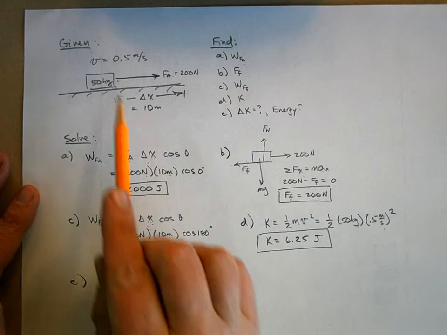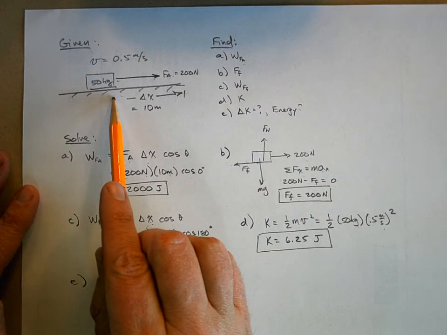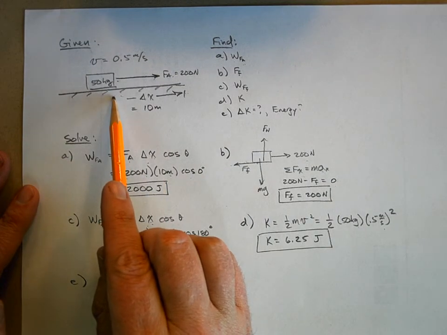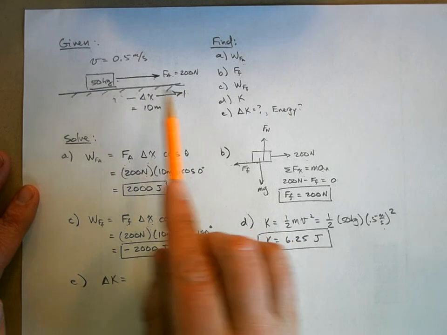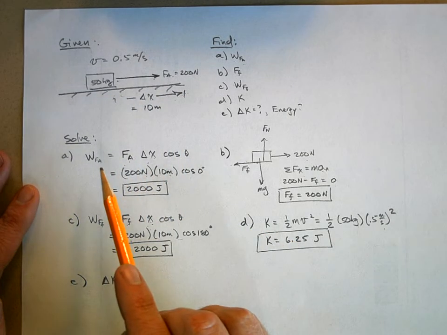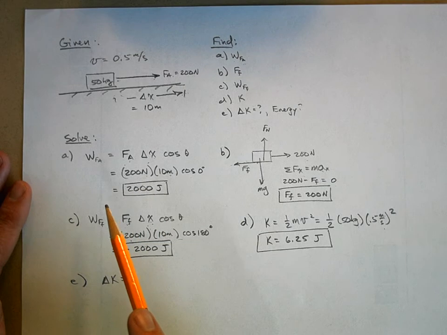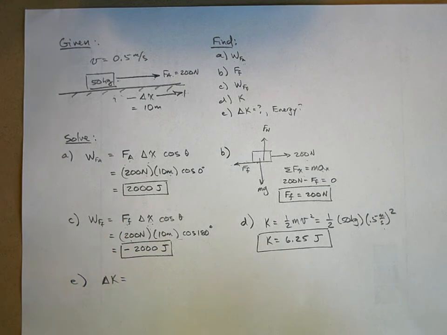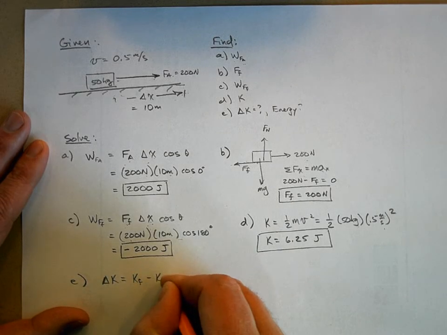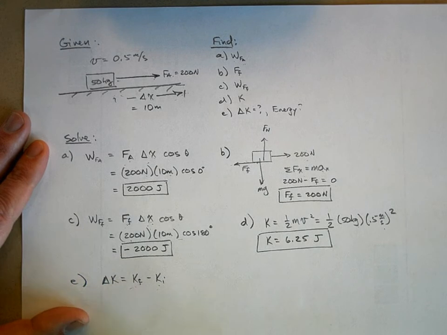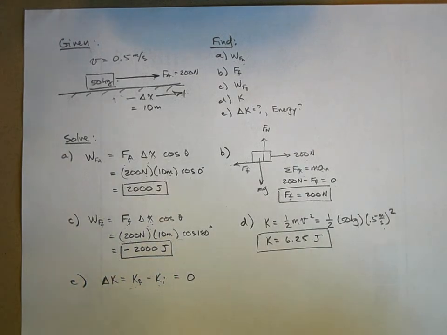How fast is it going at the beginning? It's 0.5. How fast is it going at the end? So the velocity hasn't changed, and the mass hasn't changed. 1/2 doesn't seem to change over time. So the final kinetic energy minus the initial kinetic energy, these two are the same. So delta K is 0. We're not changing the kinetic energy here.